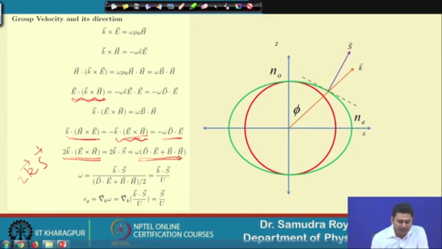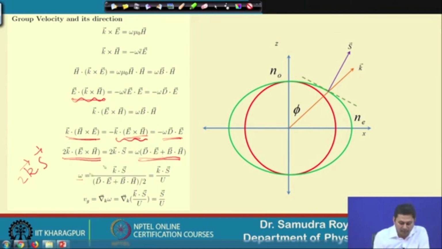So, D dot E plus B dot H is nothing but the total energy stored in the system, using this magnetic thing. The total energy is half of these things.